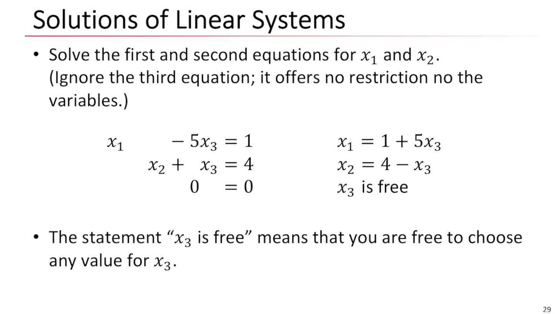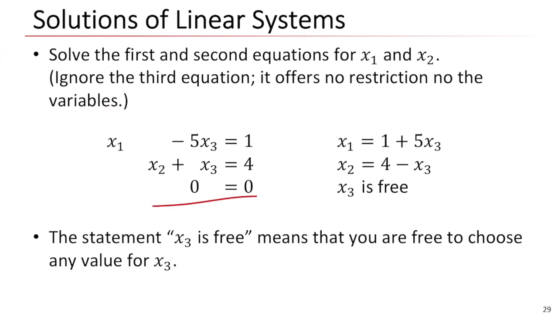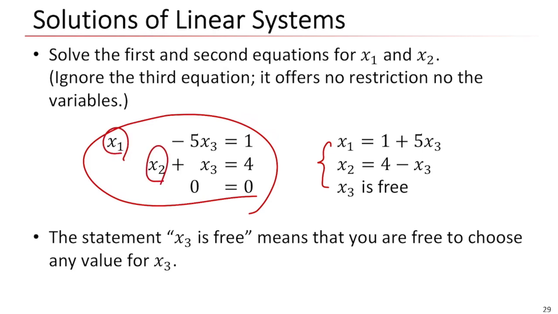So let's go back to the example here. We already did that, right? So how can we represent this? We could say that this one and this one are the pivot positions, so we can represent them in terms of the free variable.